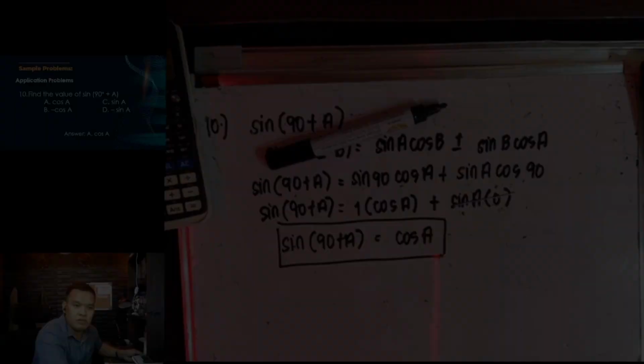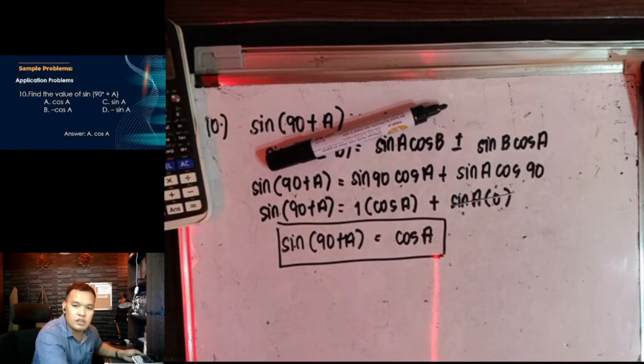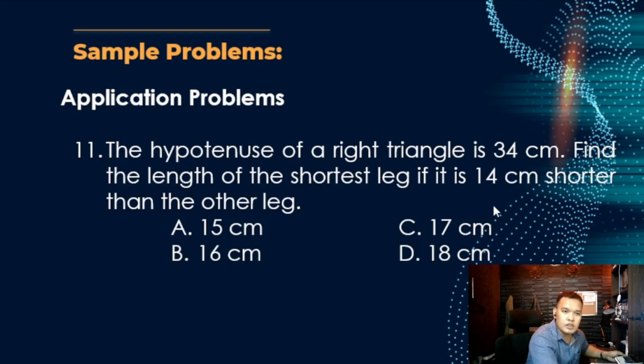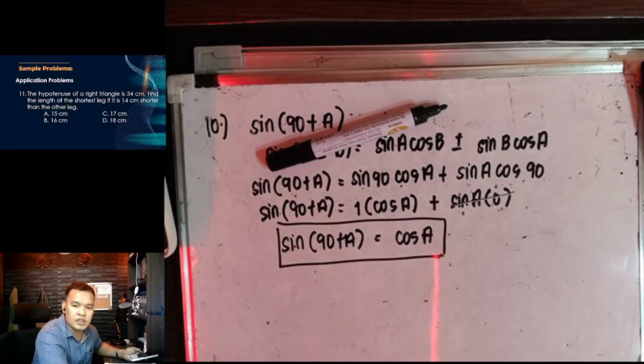So, let's proceed to problem number 11. The hypotenuse of the right triangle is 34. Find the length of the shortest leg if it is 14 cm shorter than the other leg. Okay. Balik tayo dun sa ating board.